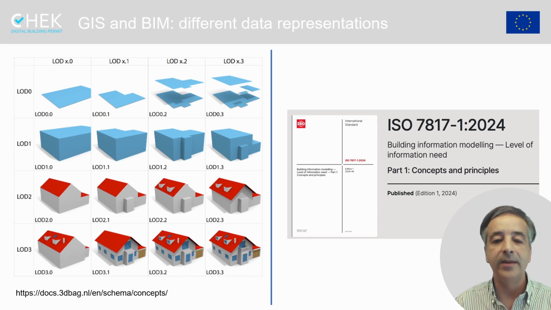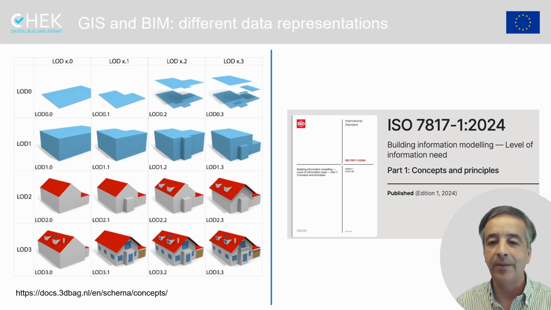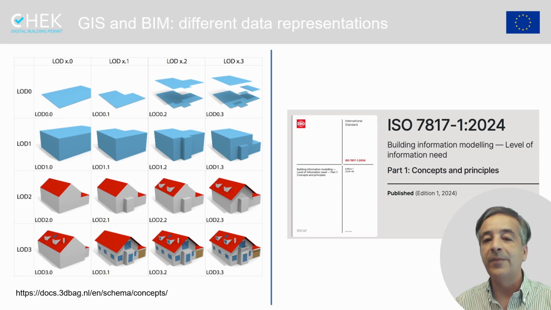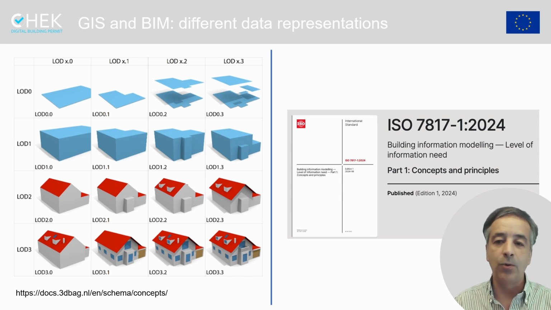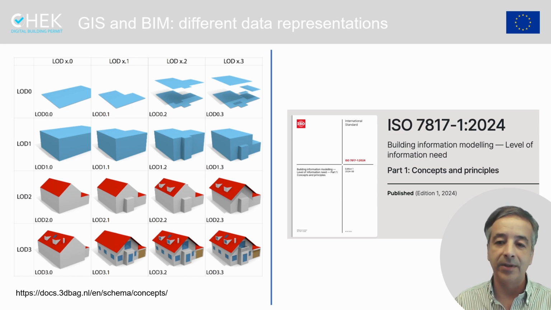This is the way they are segregated, and we can see LOD3 is the highest detail and LOD0 the least detail. This is a picture from TU Delft, and the website where it came from is represented there. And then in terms of BIM, and we already spoke about that in this course, there's the ISO 7817, which gives us the level of information need that covers not only the graphical part, but also a lot of details on the alphanumerical part of the information.